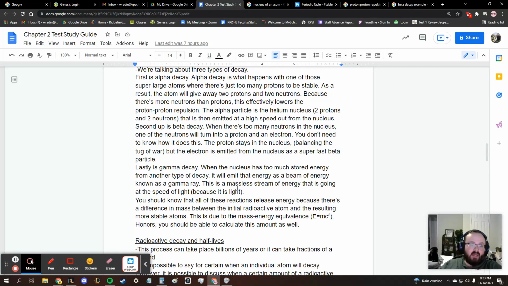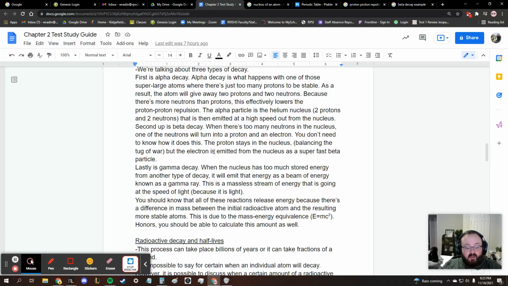Lastly, gamma decay. If you have too much stored energy, most of the time it is released as kinetic energy, but sometimes that energy stays inside the nucleus. It's kind of like a residual left over, and there's too much.